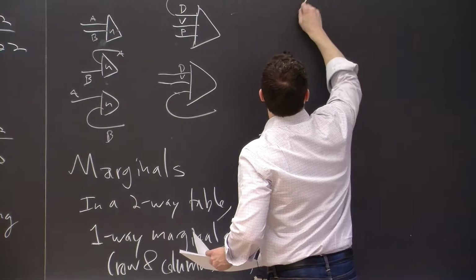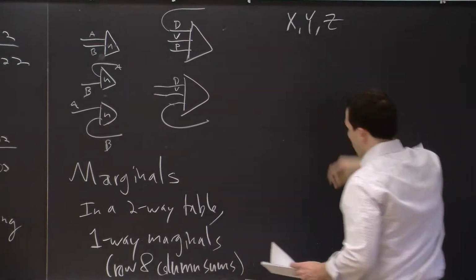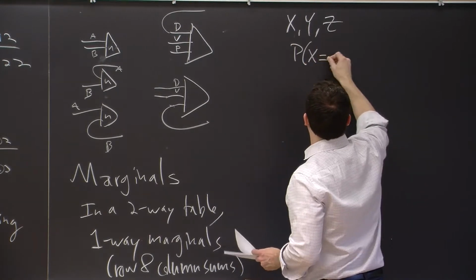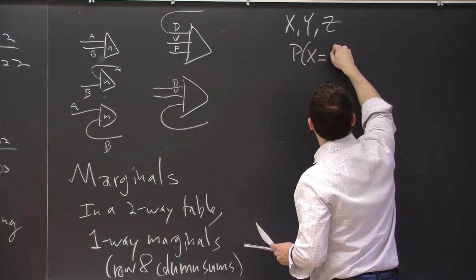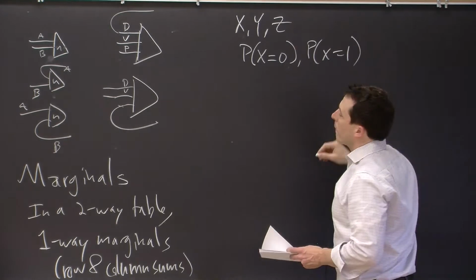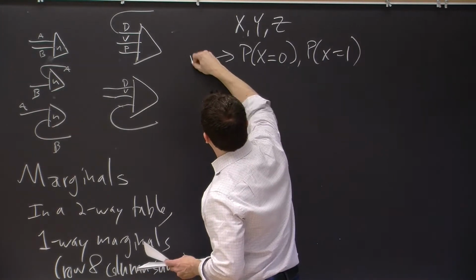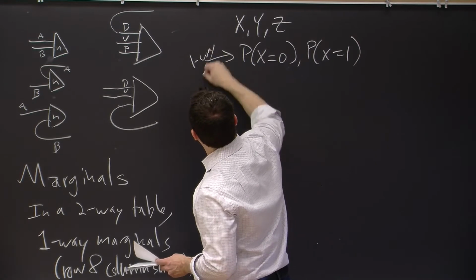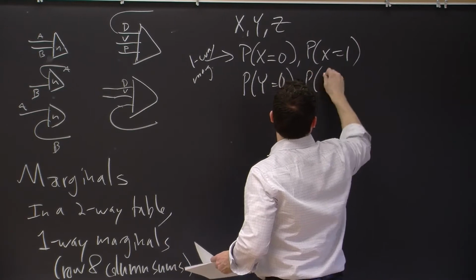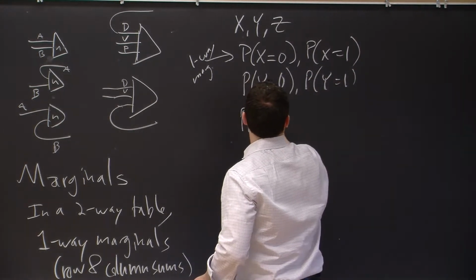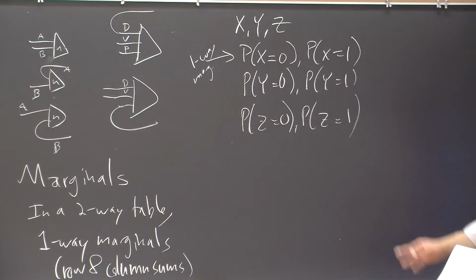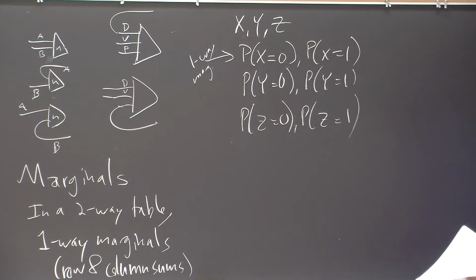Say we have variables x, y, and z in a table. We have marginals that look like this: probability that x equals 0, probability that x equals 1, say. That's the one-dimensional or one-way marginal for x. And we have the same thing for y, and we have the same thing for z. These are vectors, and they're the same kind of object as in the two-way version.